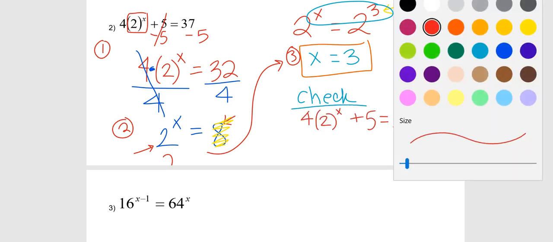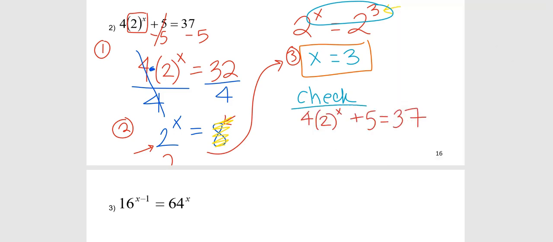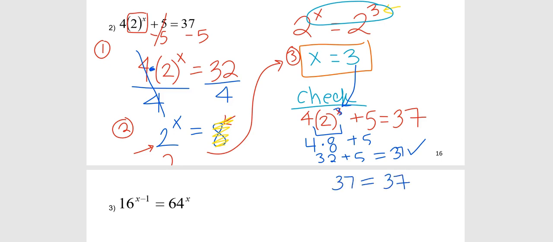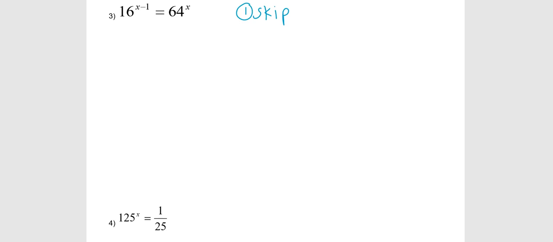So we're going to replace the x with the answer we got, which was 3. Exponents first, then we multiply, and we add 5, and it works. We get 37 equals 37. All right, let's try example 3.